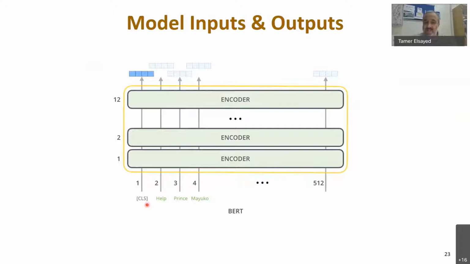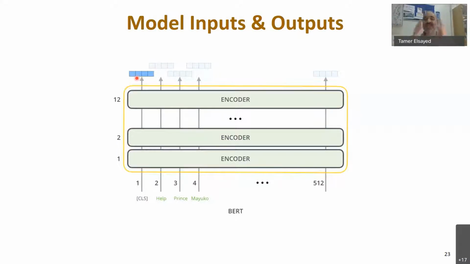But you notice that there is a special token that is given usually at the beginning of the sequence, which is called CLS, short for classification. So that's a special token that is usually given at the beginning, and the corresponding embeddings for that token usually is used as the embeddings for the entire input.